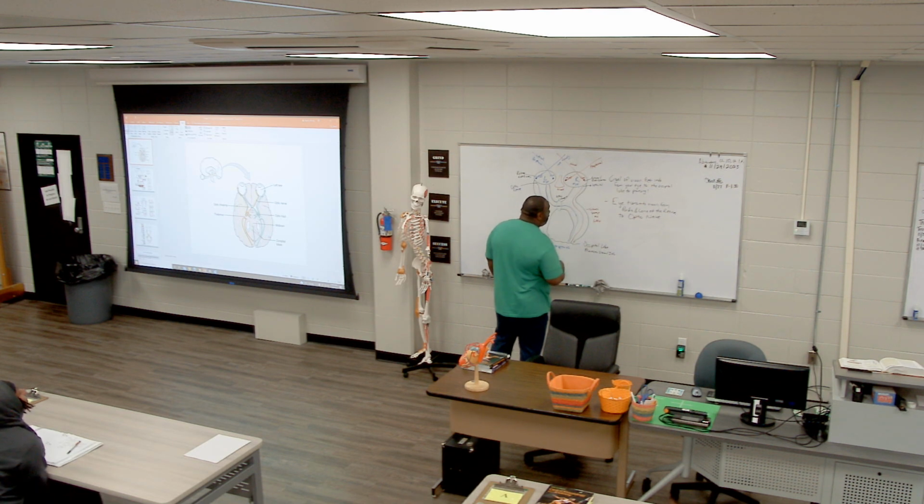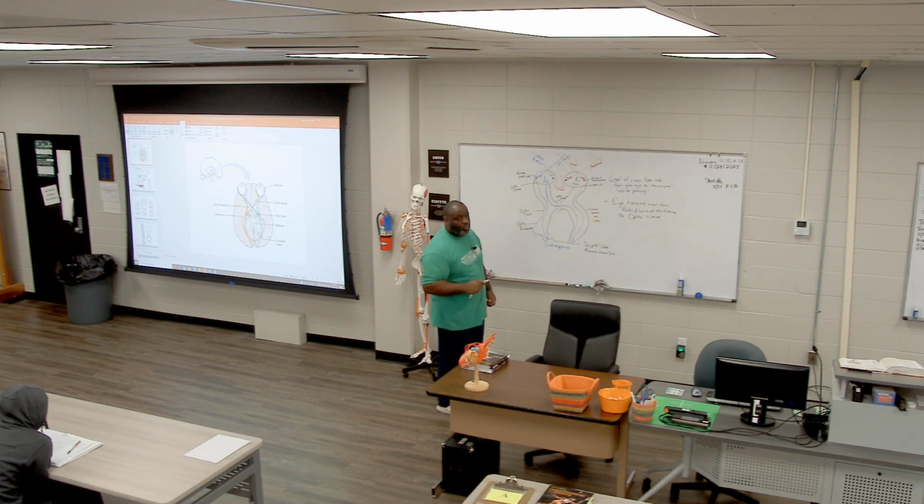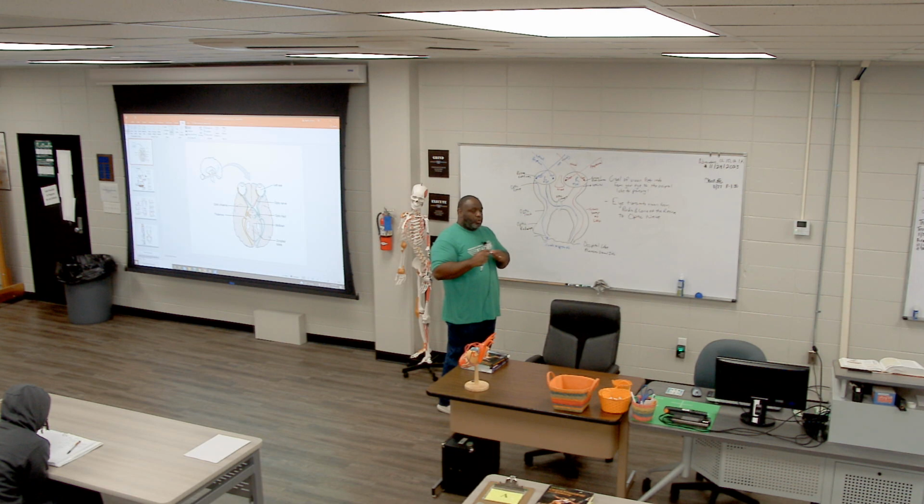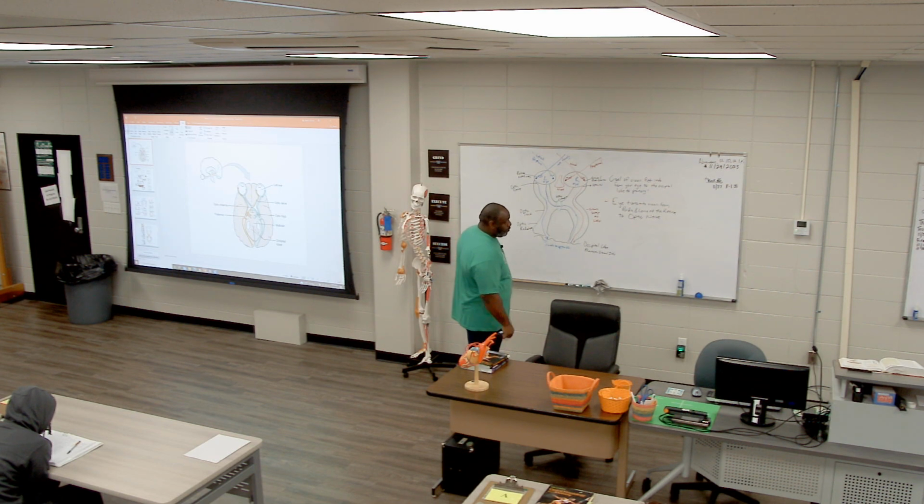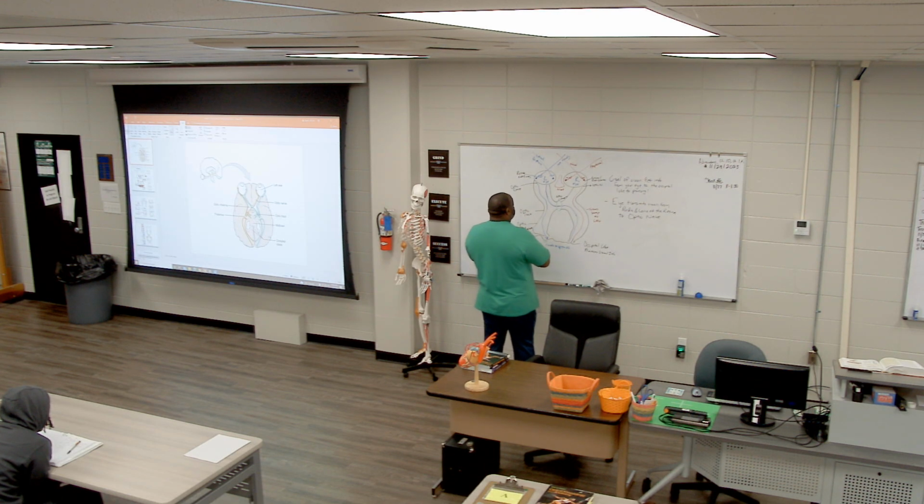So my medial rods and cones of my left eye will be communicated to my occipital lobe on the right side. Still passing through the same structures, it's just doing it in a different way. Same thing happens with my medial rods and cones for my right eye.